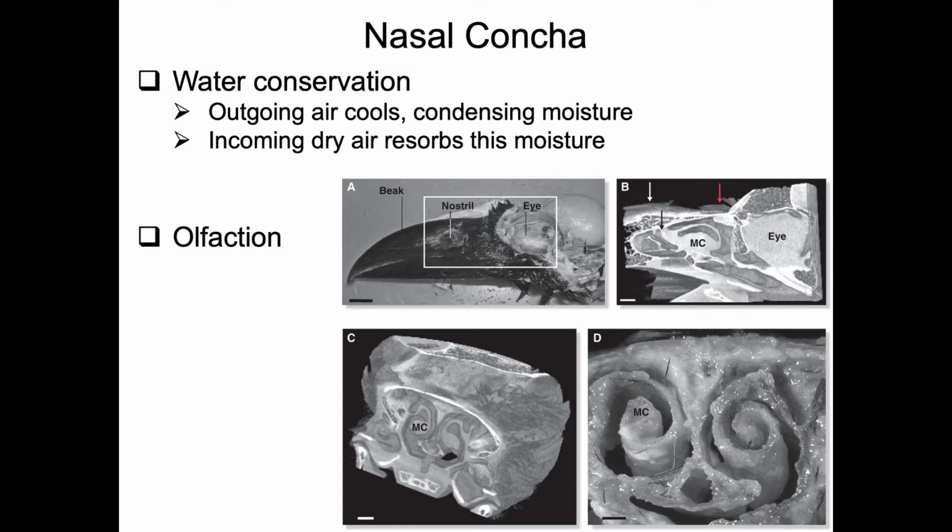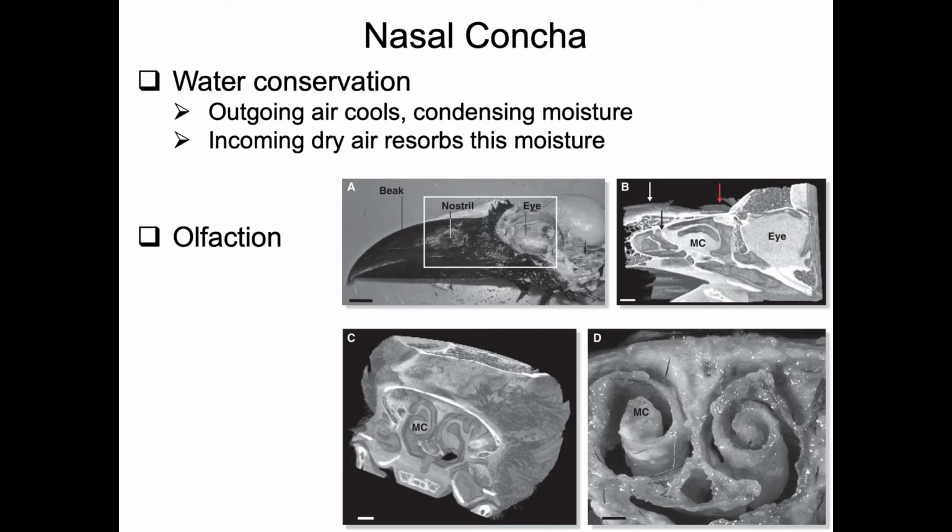Outgoing air is going to be very warm at first, and that allows it to absorb lots of water, so it'll be very humid air. But as they breathe out, the heat is transferred back into the body through the nasal concha, and the air cools, and as it cools, it deposits some of its water into the nasal concha. This then allows incoming relatively dry air to resorb this moisture that's in the nostrils as it warms up.